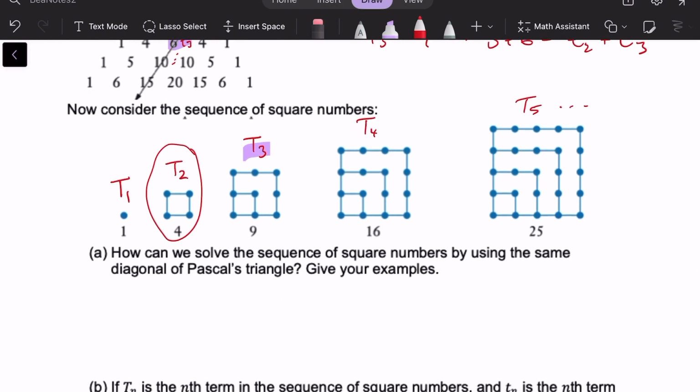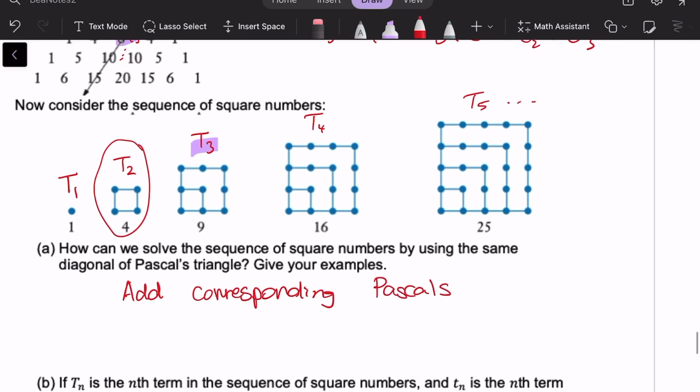So I'm just going to say this is: add the corresponding triangular number plus the one before it.